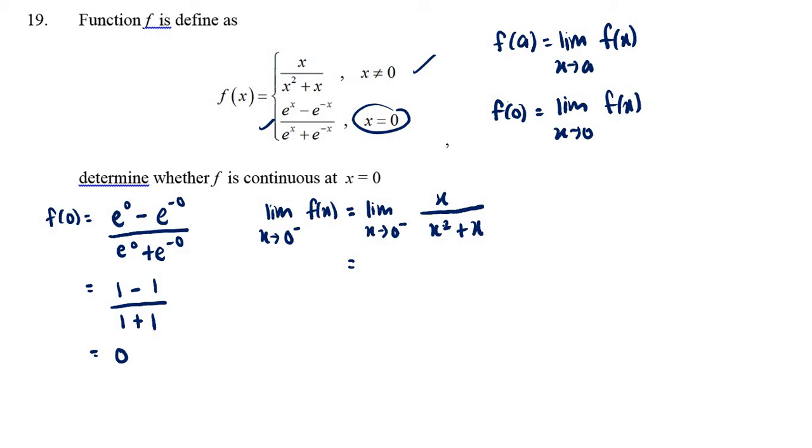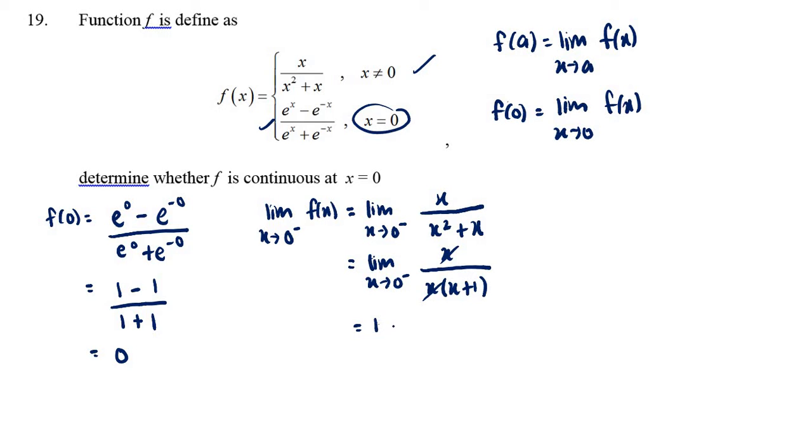So that is indeterminate form. So tak boleh lah, kita kena factorkan. Okay, so we are going to have limit x approaching 0 from the left, x over, and then yang sebutan x square ni lah yang kita akan factorkan. So factorize out x and then we have x plus 1. Okay, so this x we can simplify.